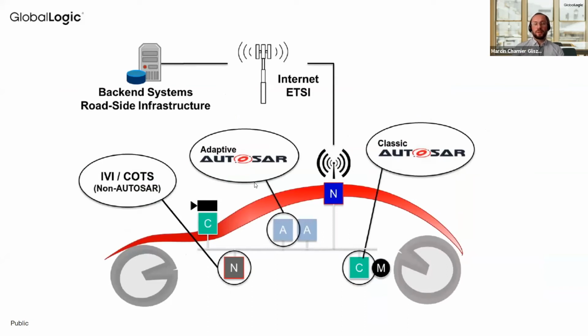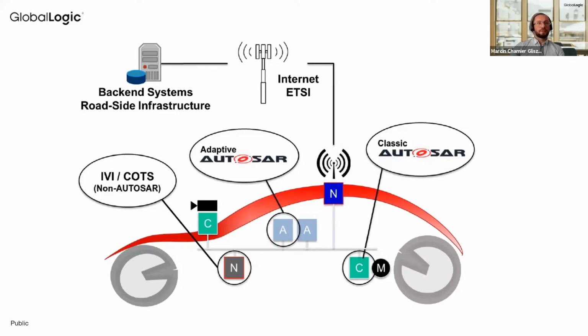It will still remain in the car, and the adaptive platform will just cooperate with the classic platform, because the classic platform is mature and well developed in what it does, but its purpose was not the currently known challenges, such as autonomous driving, where the computing power and all the stuff needed are not there. So the adaptive platform will remain, and the classic platform will remain in the car, at least for the next few years.